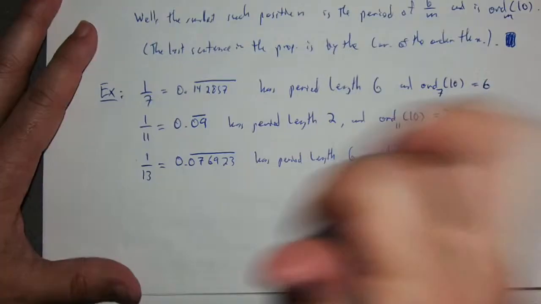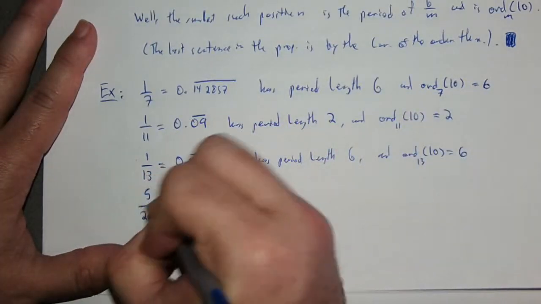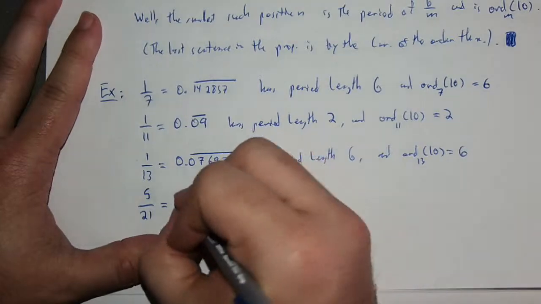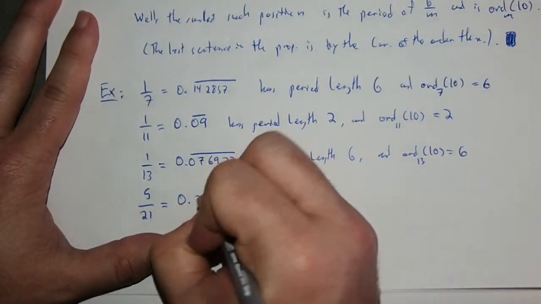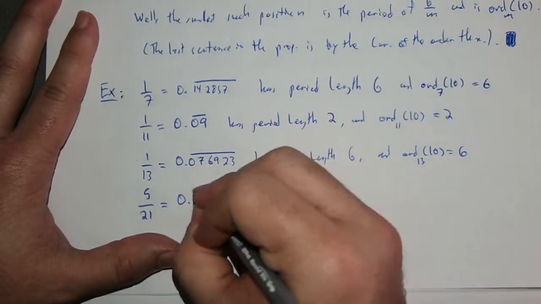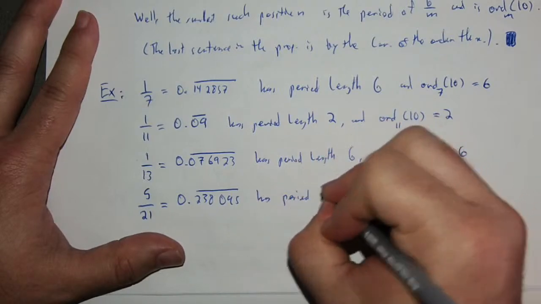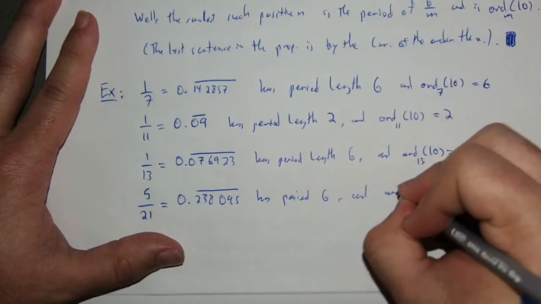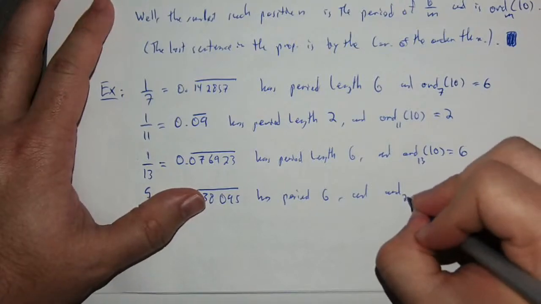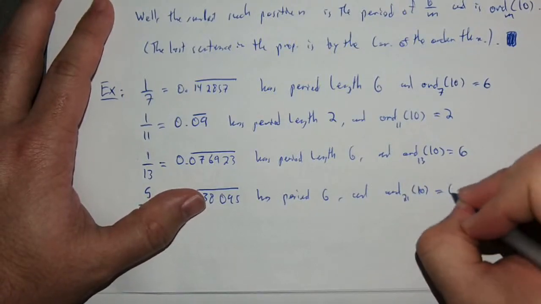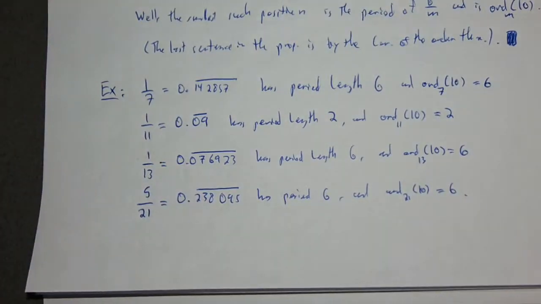Okay, and lastly, 5 over 21 is 0.238095 repeating. And this has period 6. And the order of 10 mod 21 is also 6. Okay.